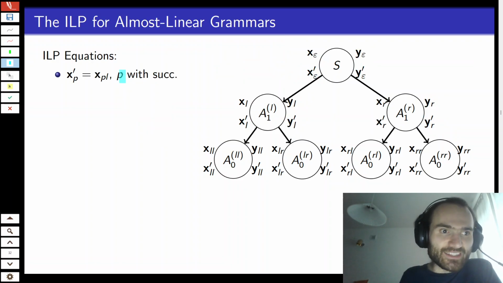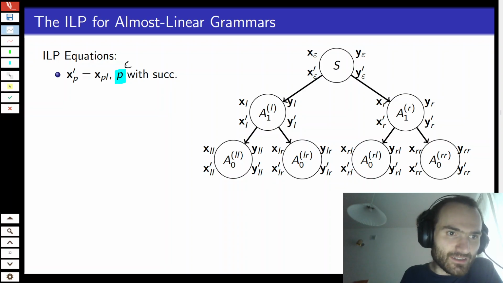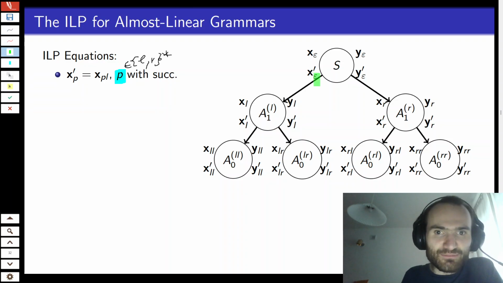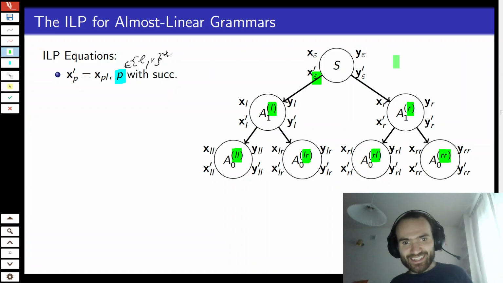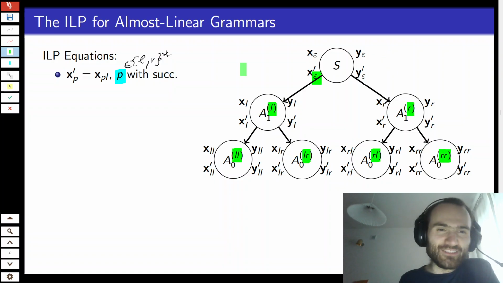So we're going to distinguish between p. p is a position now, not a production. Position meaning it's a word over left, right. So here we have 7 positions: epsilon, L, LL, LR, R, RL, RR. These are the 7 positions we have here.